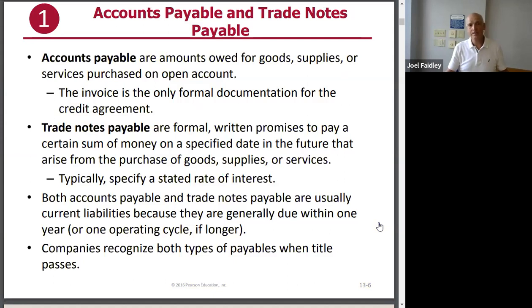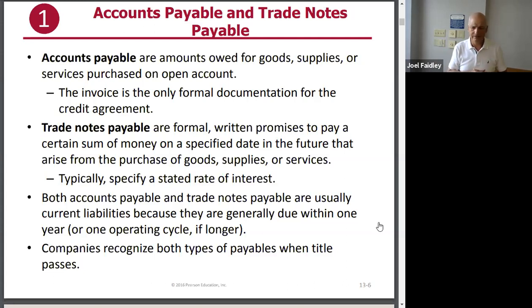Trade notes payable. Notes payable in and of itself is typically long-term, although the current portion of that is short-term. But here, trade notes payable is something that's accounts payable that maybe is not paid in 30 days, which is typically when, well, most companies will require is that bills are paid within 30 days, not always, but oftentimes.